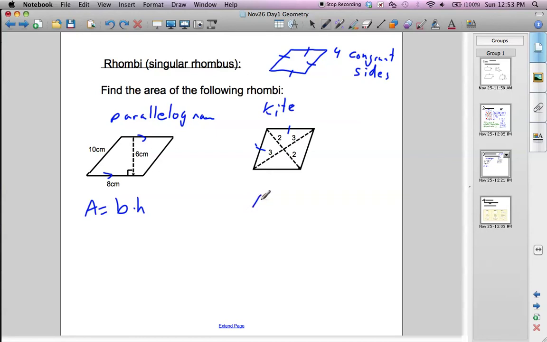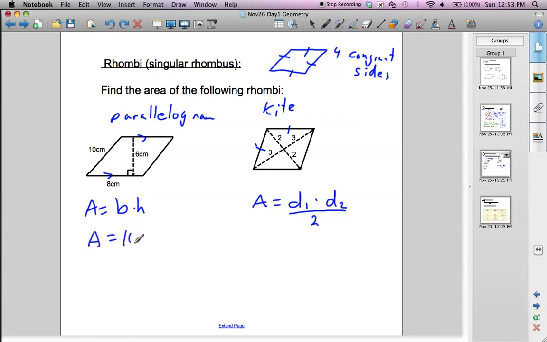So we're going to use the area of a kite formula for this one. We can write the area of a kite as d1 times d2, diagonal 1 times diagonal 2, divided by 2.